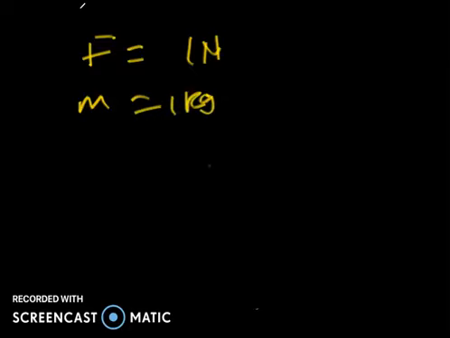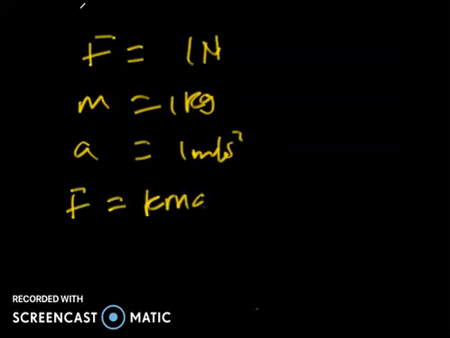Here, we have force to be equal to 1 Newton, the mass to be equal to 1 kg, and we also know that acceleration is given by 1 meter per second squared, as I mentioned earlier. So it will give us F, which is the force, as mentioned, is kma, where k is the constant of proportionality.